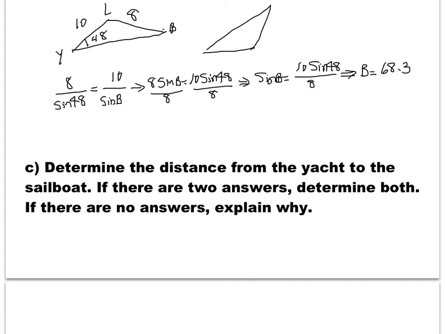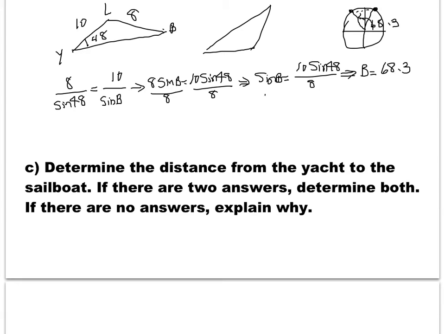Now, if you remember that in a unit circle, if this one is 68.3, sine is positive in the second quadrant too, so if we reflect this point on the y-axis, we get another point. So this is the next angle which is possible, which is 180 minus 68.3.